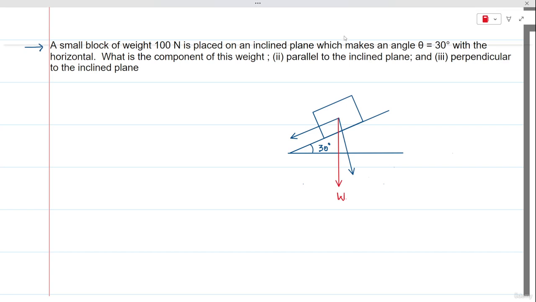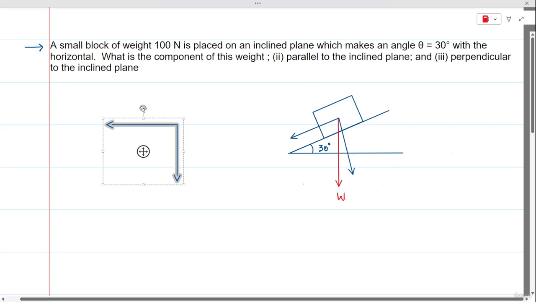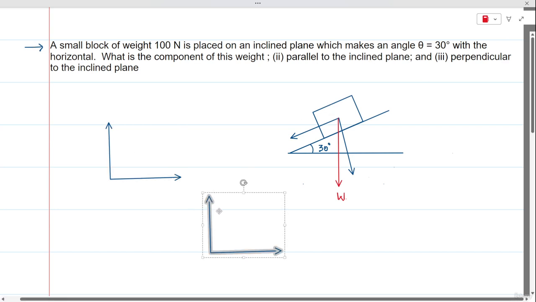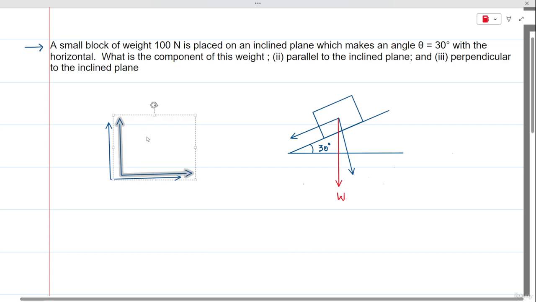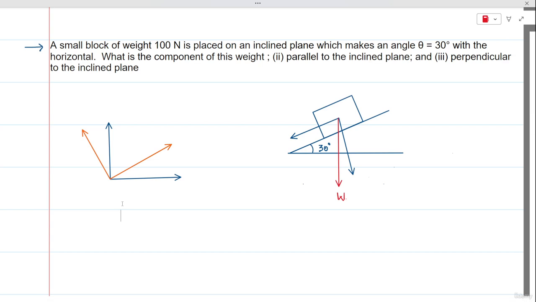So it's a very simple trick. You can remember that. Let's say this is X and Y axis. Now if I rotate this X and Y axis by some angle, and let's say this is the new X and Y axis, and let me change the color, and let's say I have rotated this by an angle theta. So the initial position of the axis is given by the blue color and the final position is given by the orange color.